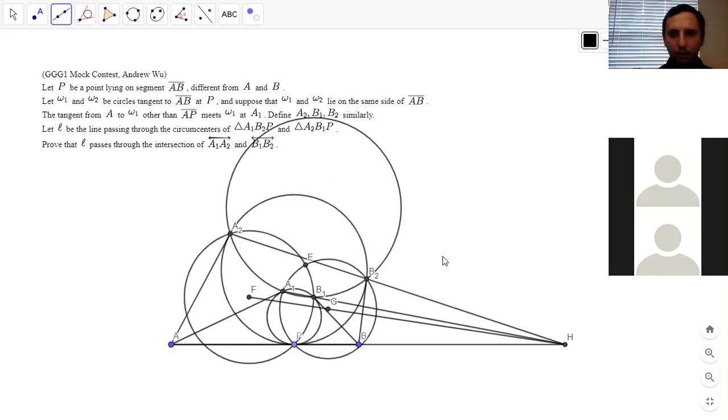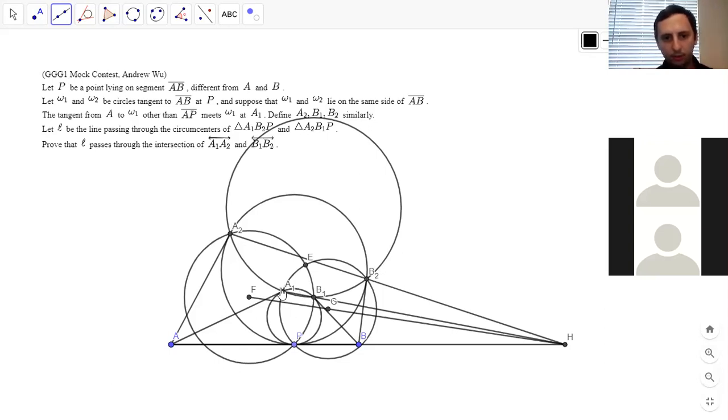And then once we're there, we still have to show FG passes through H, right? It looks a lot like Brocard's.